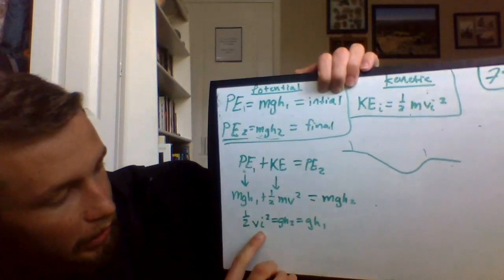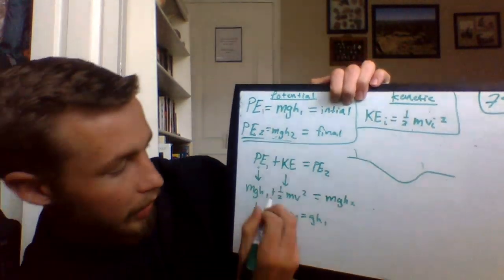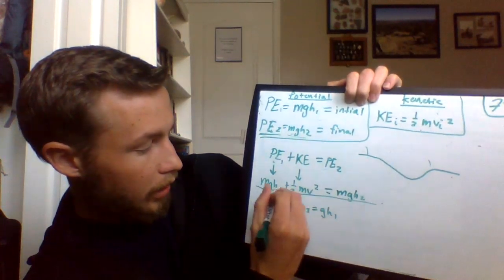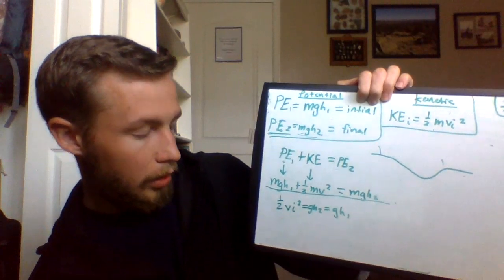So we're trying to get velocity isolated, so we divide everything by m, and that's what we'd end up with.